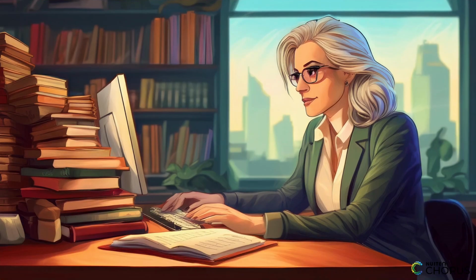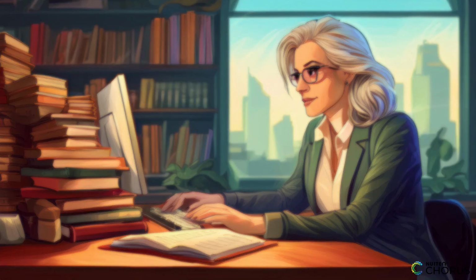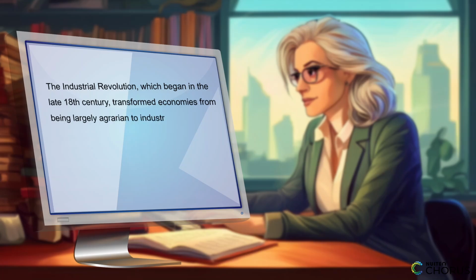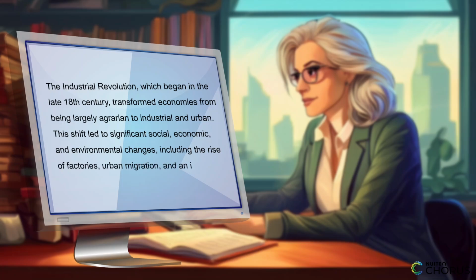Now, let's try a medium-level example. Here's a passage from a secondary source about the global industrial revolution. "The Industrial Revolution, which began in the late 18th century, transformed economies from being largely agrarian to industrial and urban. This shift led to significant social, economic, and environmental changes, including the rise of factories, urban migration, and an increase in global trade."